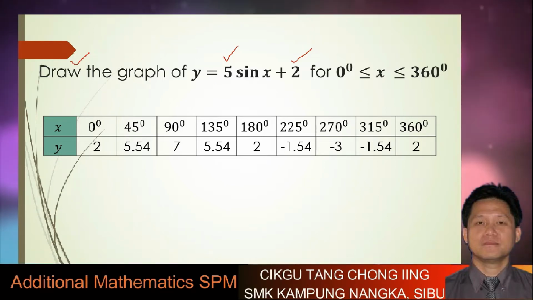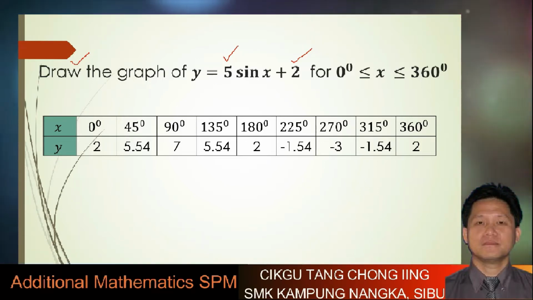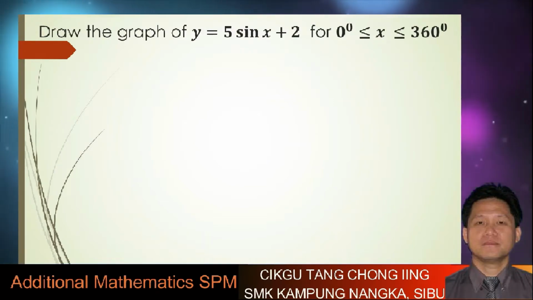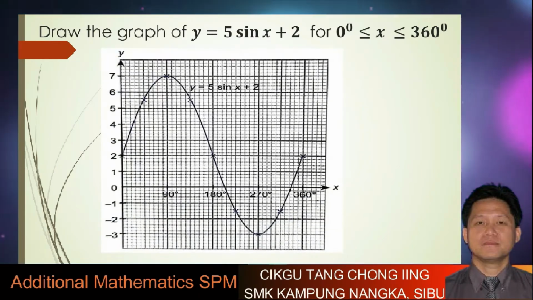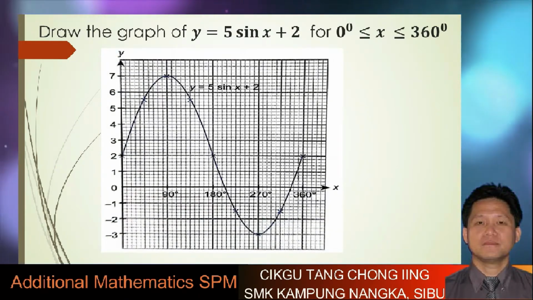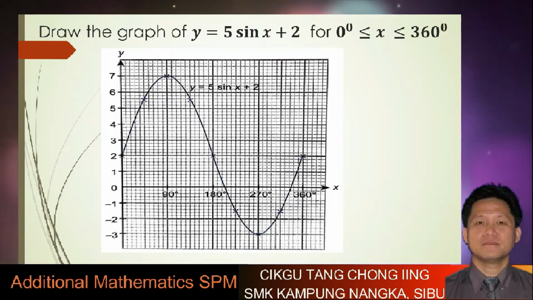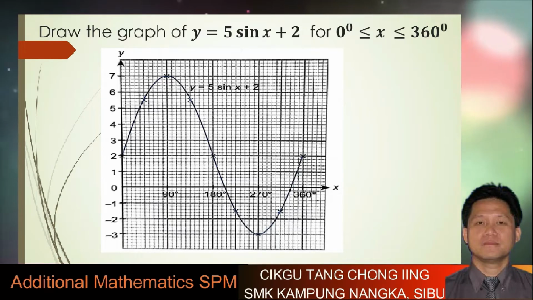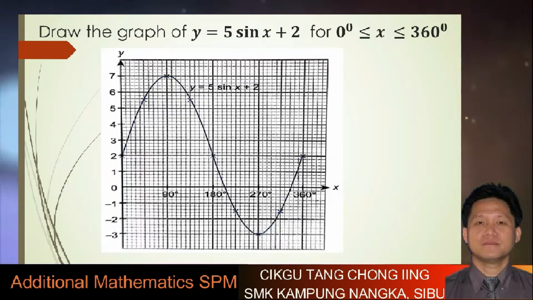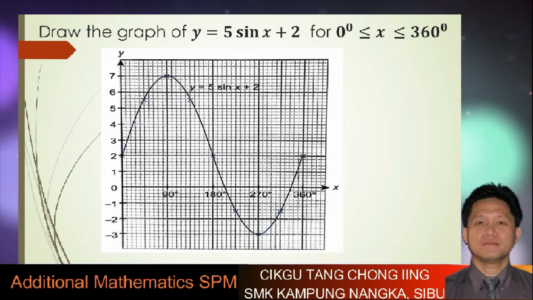Alright, then you have the whole table completed, and then you have a piece of graph paper. You draw the x-axis and the y-axis, and you plot all the points, and you can draw the graph like this.